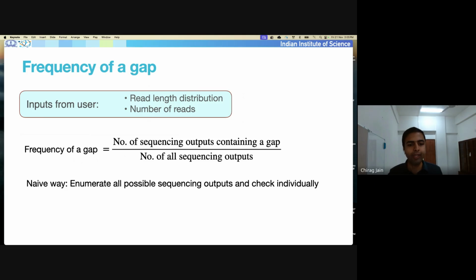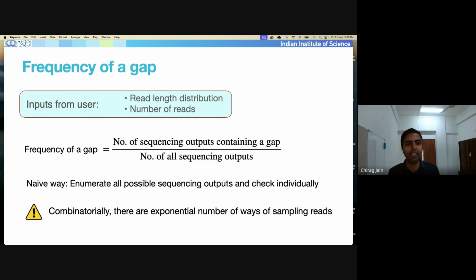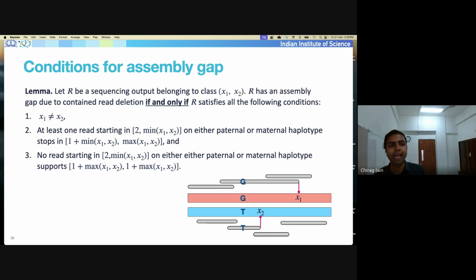In this work, to get around this problem, we asked, can we characterize the exact conditions when these gaps occur? And for that, we gave a claim in the paper to characterize exactly in what conditions such gaps occur.